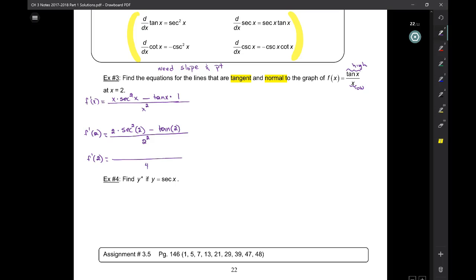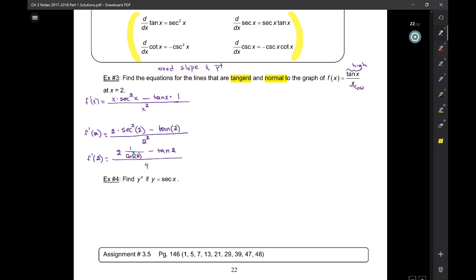So on the bottom it's 4. This one, 2. To plug it into the calculator, there is no secant button. So it's going to be 1 over cosine 2 squared. Do you use degree mode or radian? Okay? Minus tangent of 2.